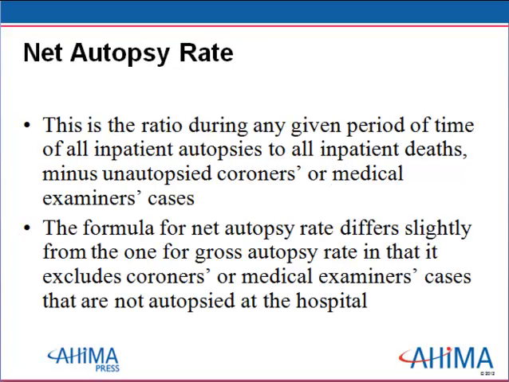The net autopsy rate is the ratio, during any given period of time, of all inpatient autopsies to all inpatient deaths minus any unautopsied coroners or medical examiners cases. The formula for net autopsy rate differs just a little from the gross autopsy rate in that it excludes bodies that have been removed by the coroner or by the medical examiner.